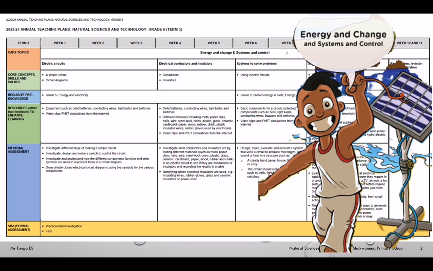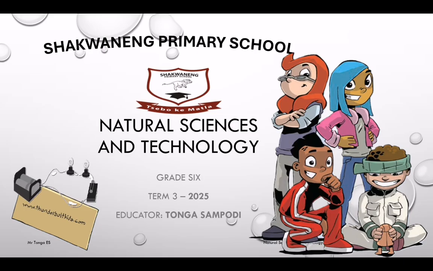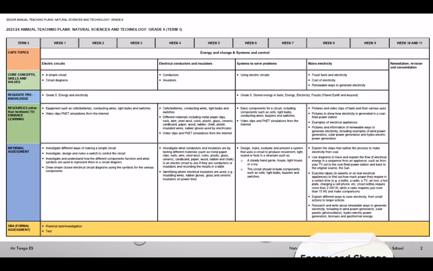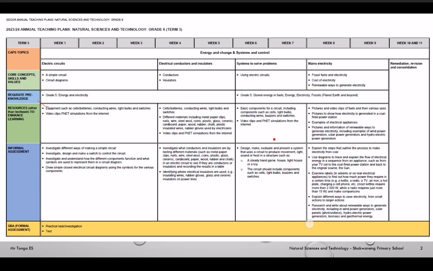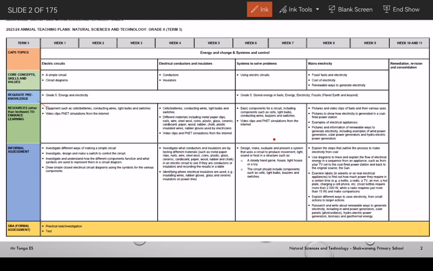Now, if you can check here, this is the outline of what we do in Term 3. For example, in weeks 1, 2, and 3, we are supposed to go over the content of electric circuits.